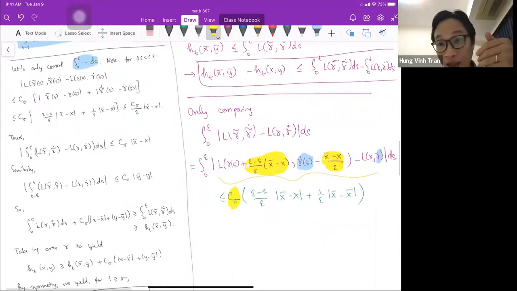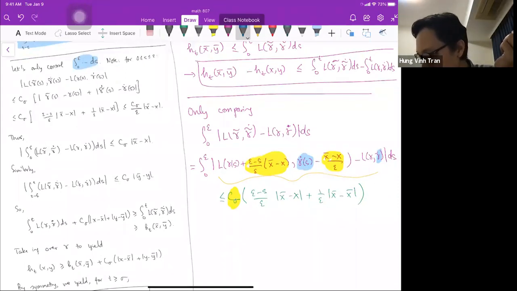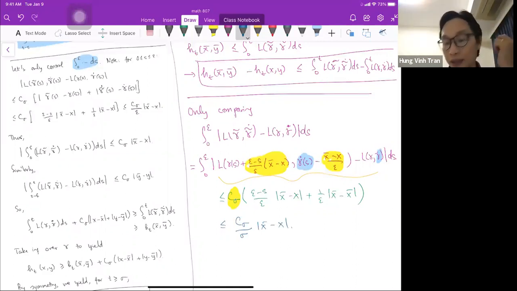Okay. And we are done, right? Of course, it's dependent on epsilon, but remember that we chose epsilon to be sigma over 4. So you can replace this by something less than or equal to c sigma, with epsilon equal to sigma over 4, so c sigma over sigma, something like that, times x bar minus x. So it's really Lipschitz there, right?